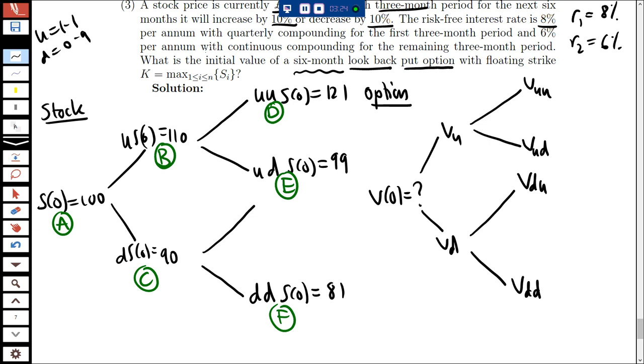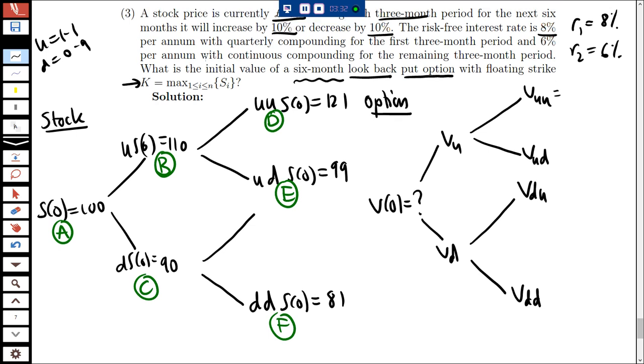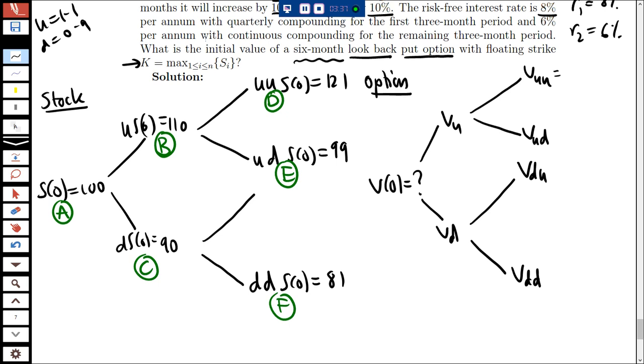Okay, it's a put option with a look back, which means that the strike we can use is the maximum of the share prices looking backwards. It's a bit more fun, this calculation. So if we start at the top, it's a put option, so we have the share price is 121.